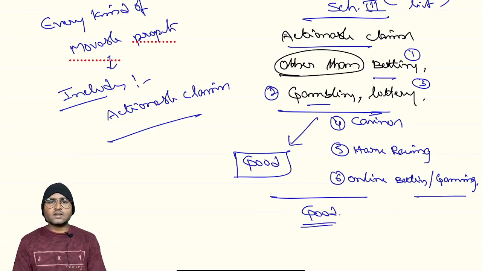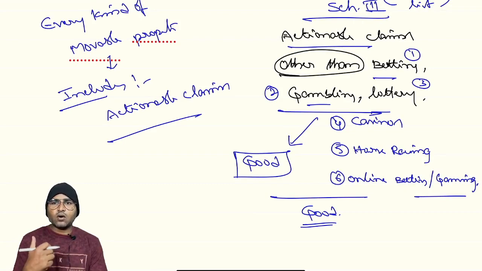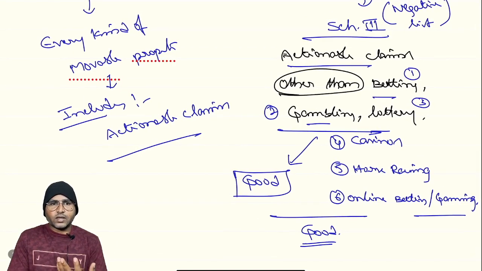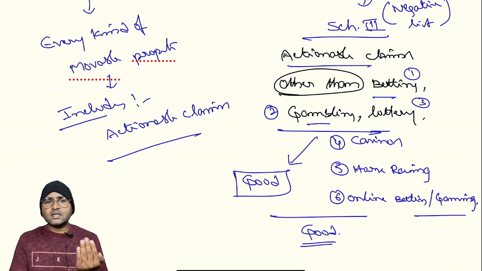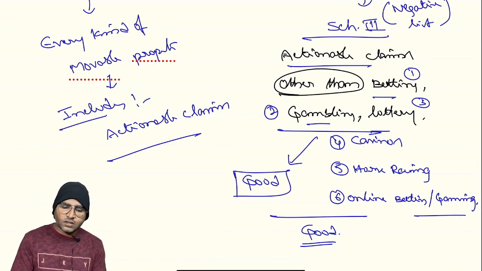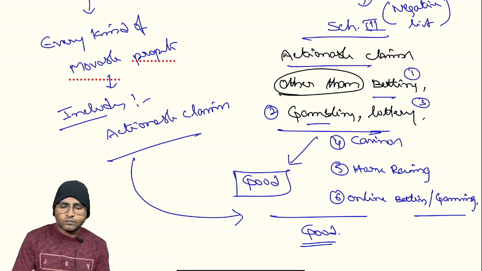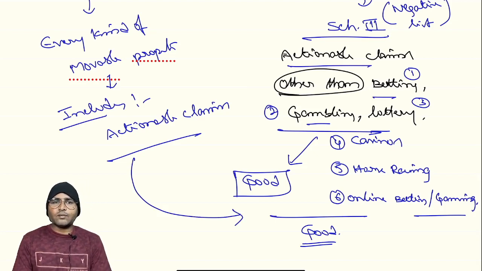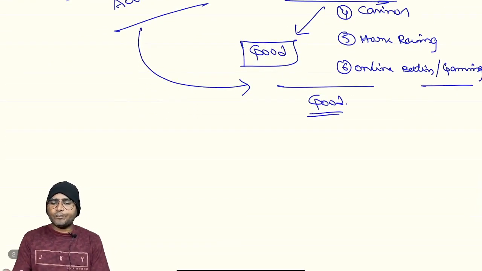Are you clear with this? Right? So betting, gambling, lottery, casinos, horse racing, online betting and gambling are excluded from Schedule 3. When these are excluded from the negative list, there may be a chance these things will become either a good or service. Now the definition of goods includes actionable claim. So finally these 6 things became goods.